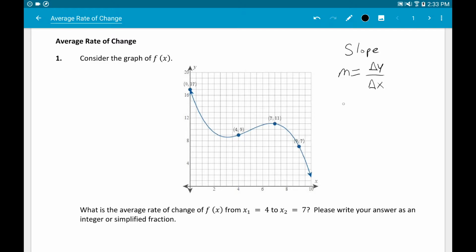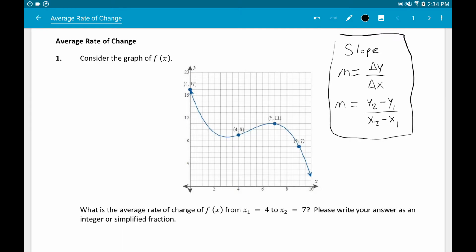In other words, you've got 2 points: a point x sub 1 comma y sub 1 and a point x sub 2 comma y sub 2. So the change in the y's is y sub 2 minus y sub 1, over the change in the x's, which is x sub 2 minus x sub 1. Okay, so again, that's from algebra.